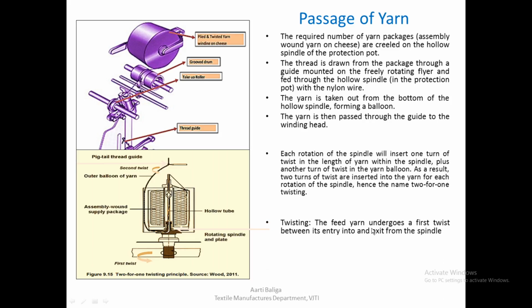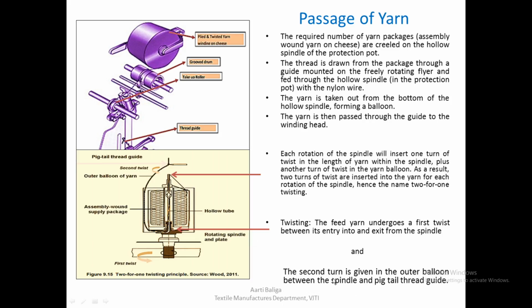Twisting, that is the first, the feed yarn undergoes a first twist between its entry into and exit from the spindle. So this is the location where the yarn will first enter, and the second location where it will exit from the bottom of the spindle. This is the first path where the first twist is inserted, and a second turn is given in the outer balloon between the spindle and the pigtail thread guide.